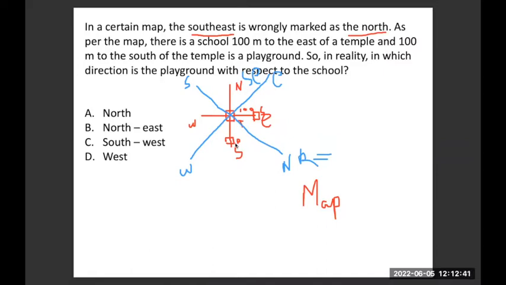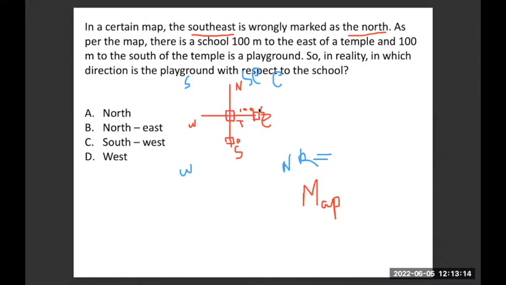One question: is the playground located in the actual north, south, east, or west direction, or does it fall somewhere in between, like northeast, northwest, or southwest? Let's make your task a little bit easier.